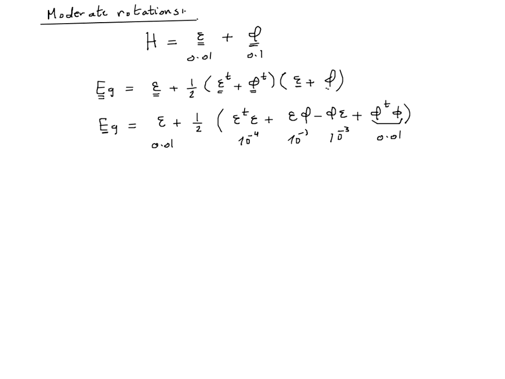So we will neglect these terms because they are significantly smaller than the linear term, but the phi transpose phi term cannot be neglected anymore because they are the same order of magnitude. And as such, we can approximate our Green strain to be the linear strain plus a quadratic term, which depends only on the rotation.